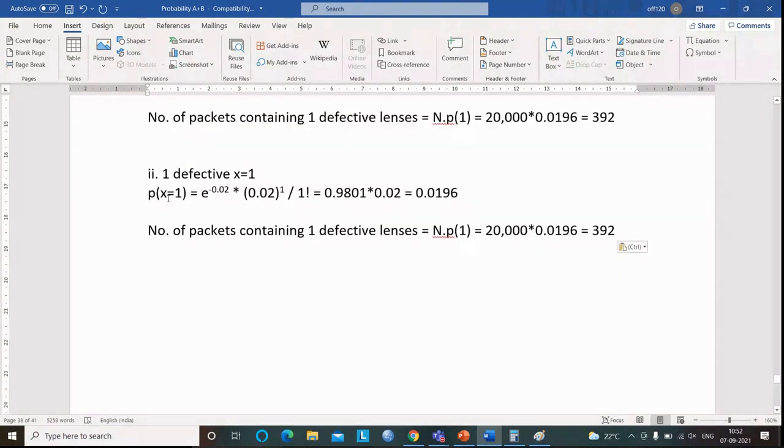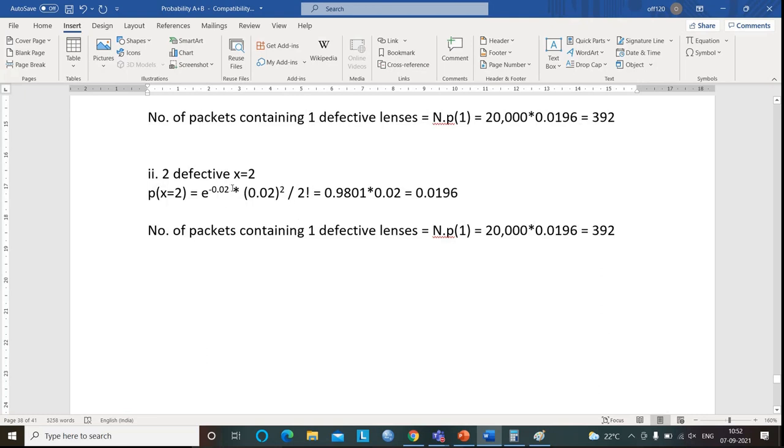Now we are moving on to the next case, that is two defective lenses. That means x is equal to 2 here. So P of x equal to 2 implies e power minus 0.02 into 0.02 to the power of 2 divided by 2 factorial.